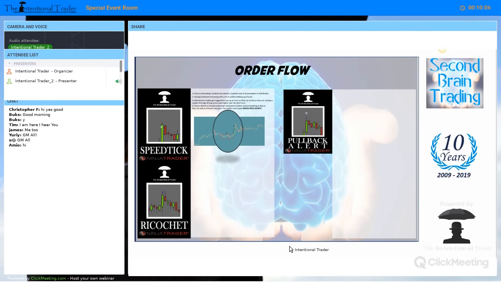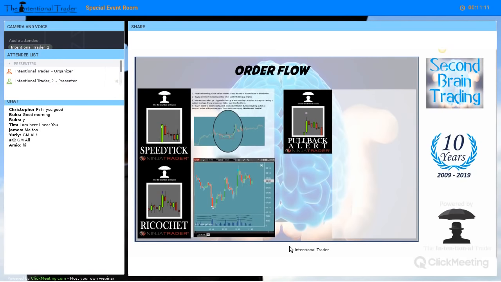They want to cause a reaction. That's what we trade. We trade the reaction. So that's the first indicator, our speed tick indicator, and this is what it looks like on a chart. Typically you're going to see these when you see a hard push, a hard push one way or the other.